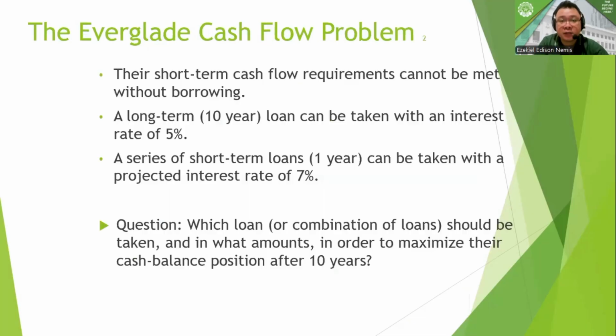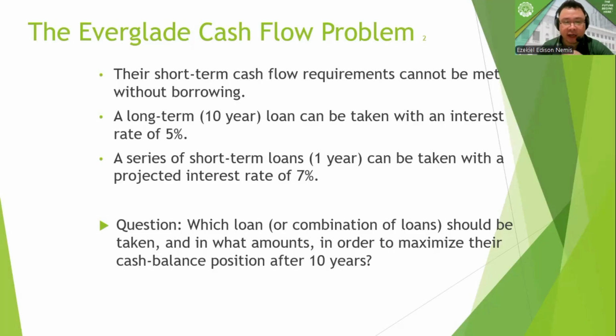So let us proceed first with the other data that was given. There is a short-term cash flow that is required that cannot be met without borrowing. Another given, a long-term loan of 10 years can be taken with an interest rate of 5%. Number three, a series of short-term loans can be taken with a projected rate of 7%. So these are the data that were given to you.